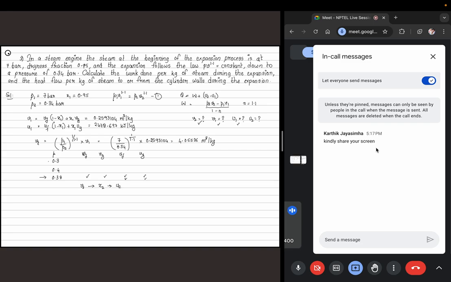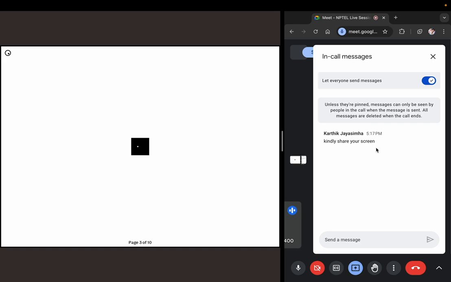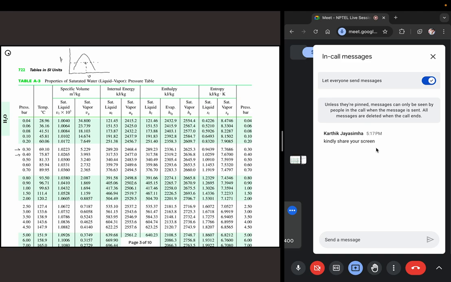You can just do the calculation yourself while I populate the data here. So if you see at 0.3 bar, you have Vf of this. I'm just ignoring the 10 power minus 3 because that will go in the final equation. And you know the value of Uf and Ug as well.